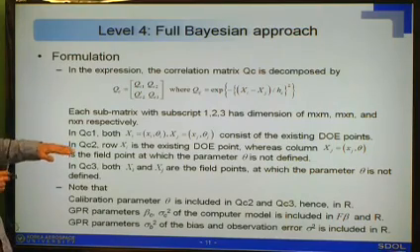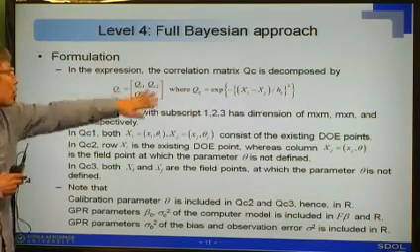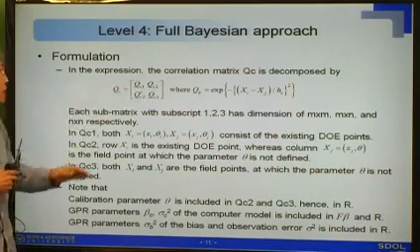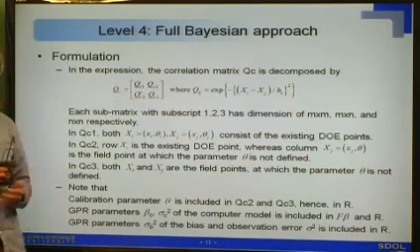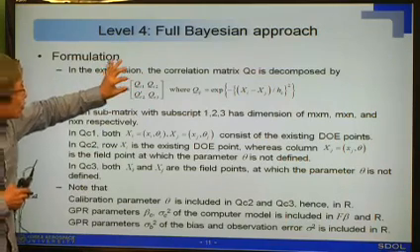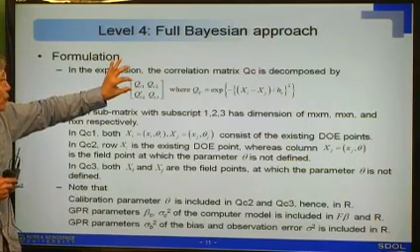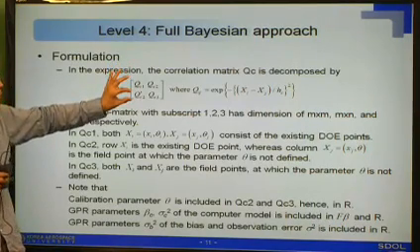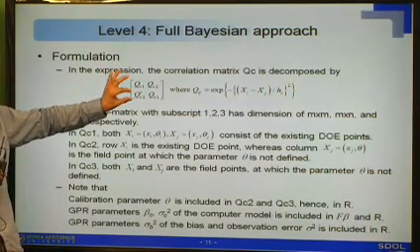But in case QC2, because this is the augmented matrix, not only the computer experimental data, but it also incorporates the field data. So this part is responsible for the computer experimental data. This part is responsible for the field data.